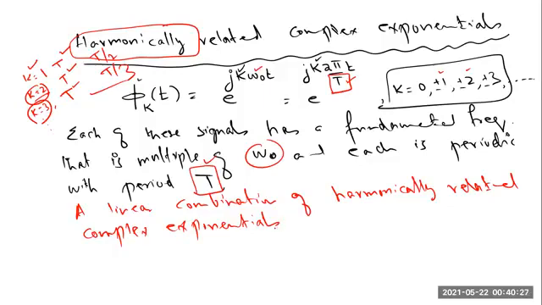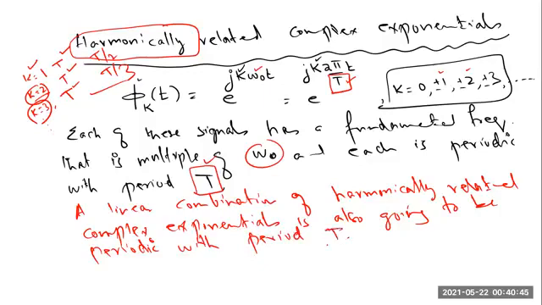A linear combination of harmonically related complex exponentials is also going to be periodic with period capital T. Linear combination means if I use this representation, a summation, some constant factor, and then e to the power j k omega naught t for k equal to minus infinity to plus infinity, that is going to construct a signal x of t, and this signal will be periodic with this period.